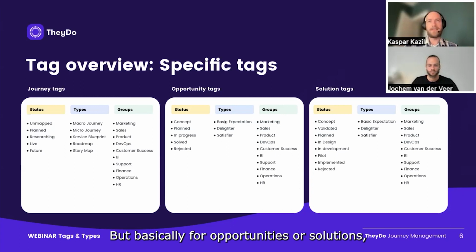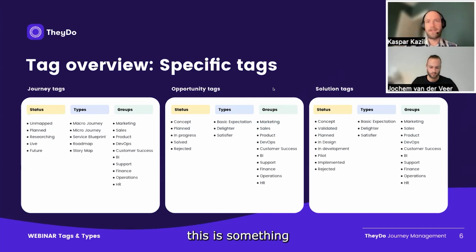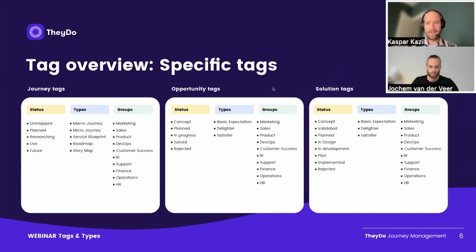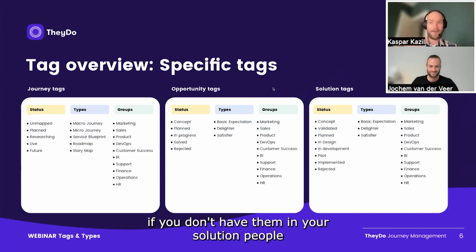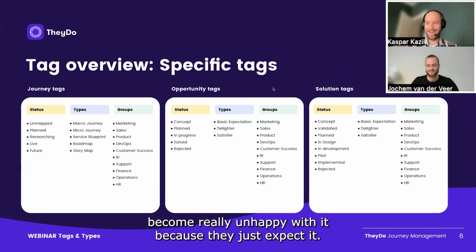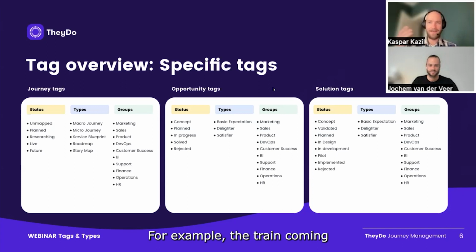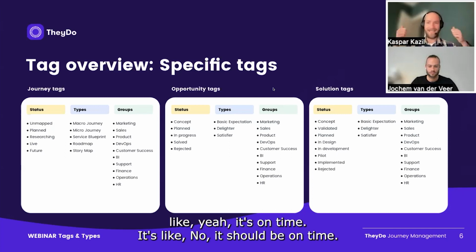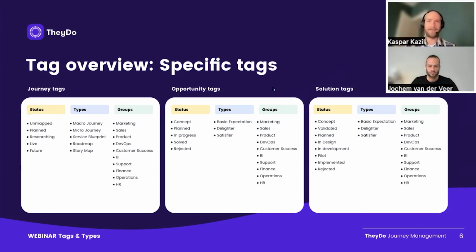Basically you say, for opportunities or solutions, is this a hygiene factor or a basic expectation? Those are the things that, if you don't have them in your app or solution, people become really unhappy, because they just expect it. For example, the train arriving at the station on time. You just expect that. It's not something you go, yay, it's on time. It's like, no, it should be on time.